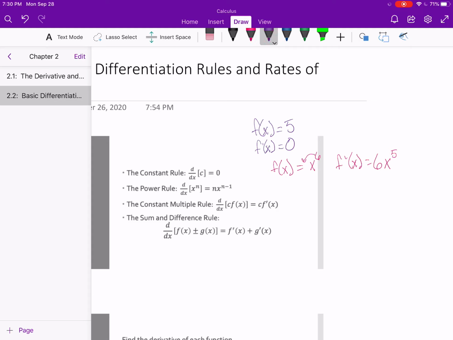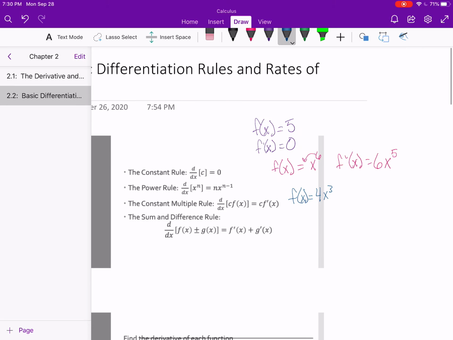The constant multiple rule says that if you have a constant times a function, the derivative is the constant times the derivative. So if we combine the constant multiple rule and the power rule, let's say we have a function f of x equals 4x cubed.